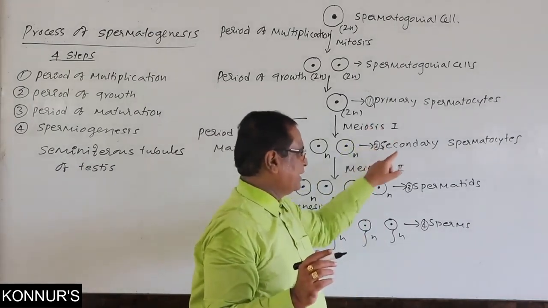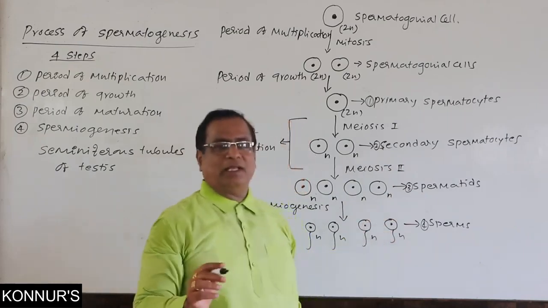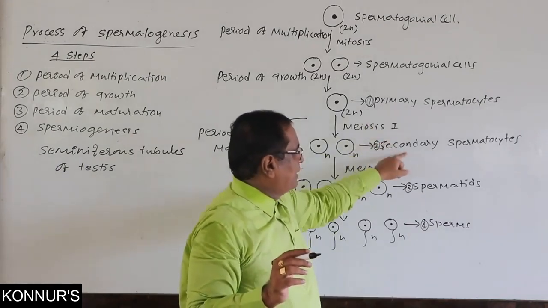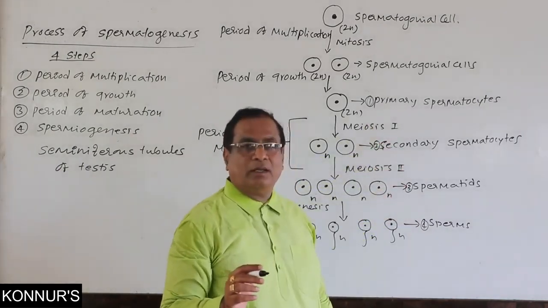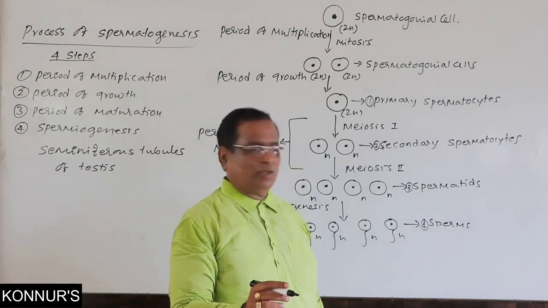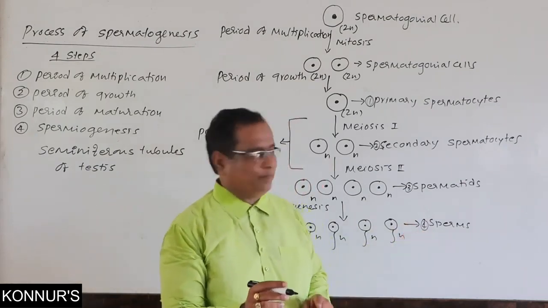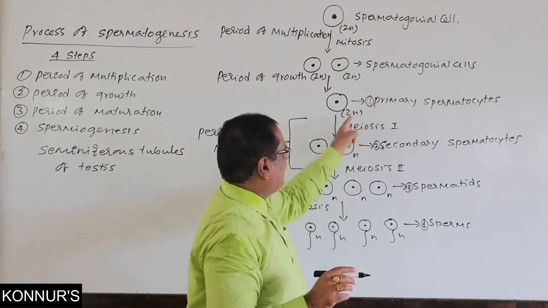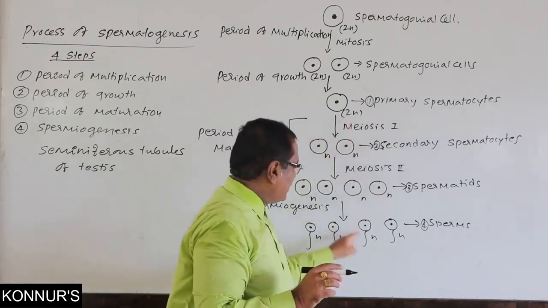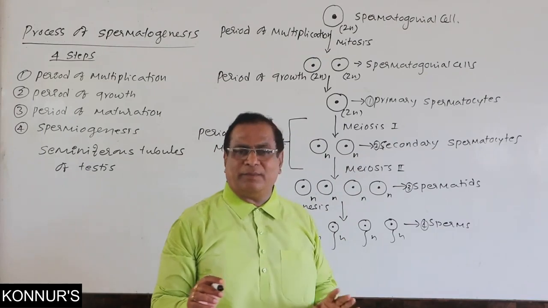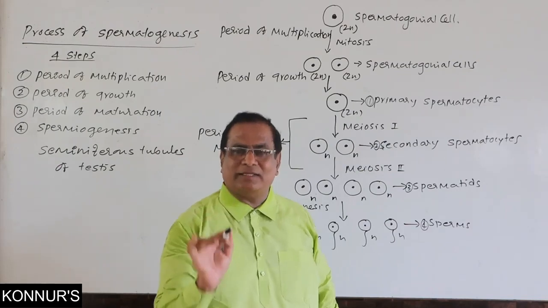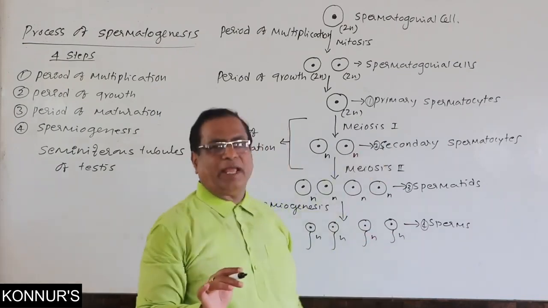Primary spermatocytes, secondary spermatocytes, spermatids and sperms. Logically, we may think in such a way, these are all immature sperms and these are completely formed, so that we may name this is absolutely wrong. If you just see their nature, primary spermatocyte is diploid and these three are haploid. Then which among them is odd one out? Primary spermatocyte is odd one out as it is diploid, but these three are haploid.